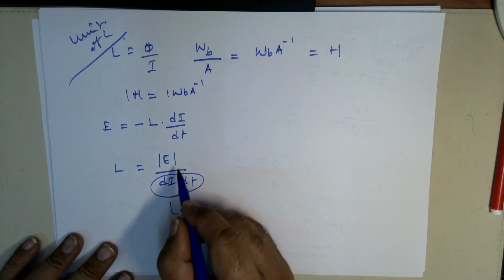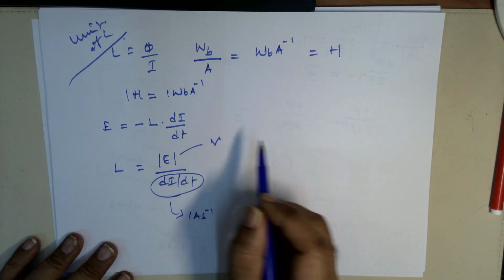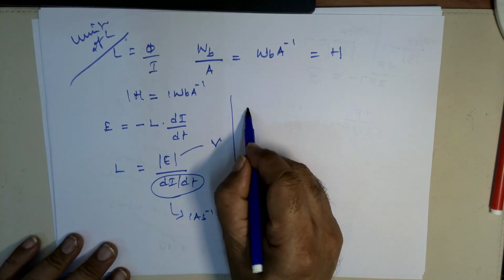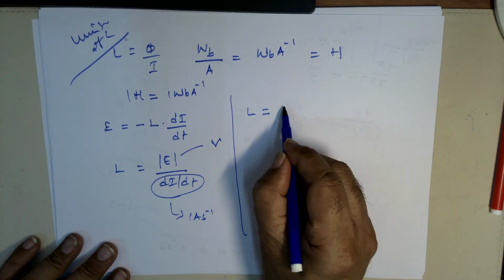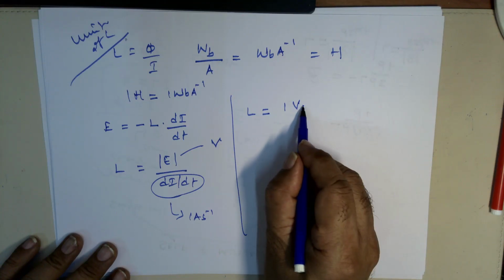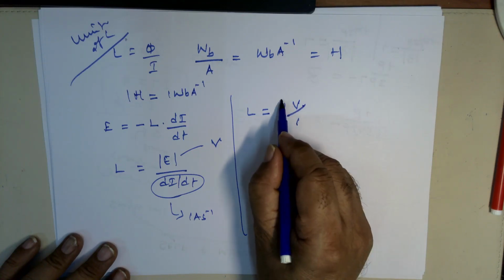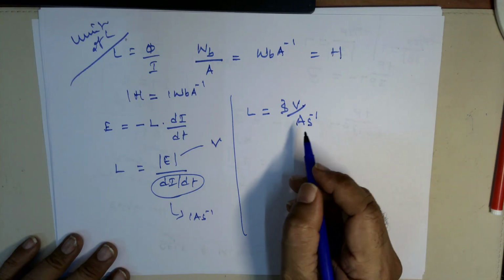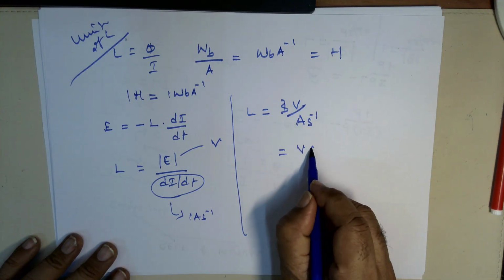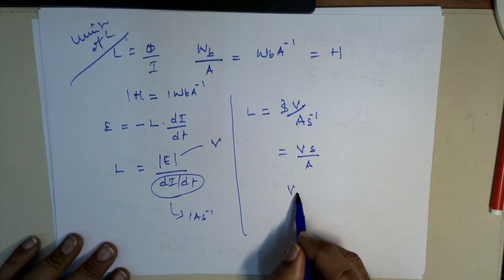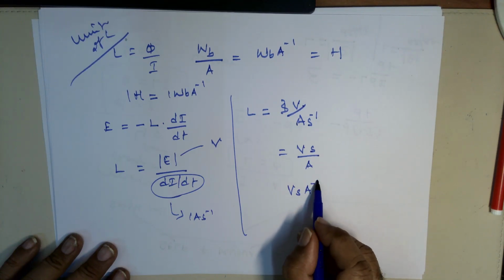Then E is given in volt. Therefore, L can also be explained as 1 volt divided by 1 ampere per second. It means volt second divided by ampere, volt second per ampere.